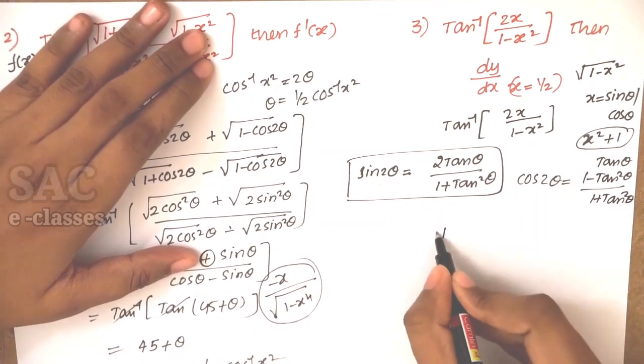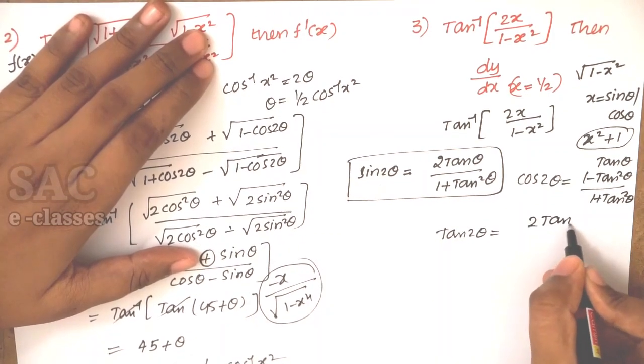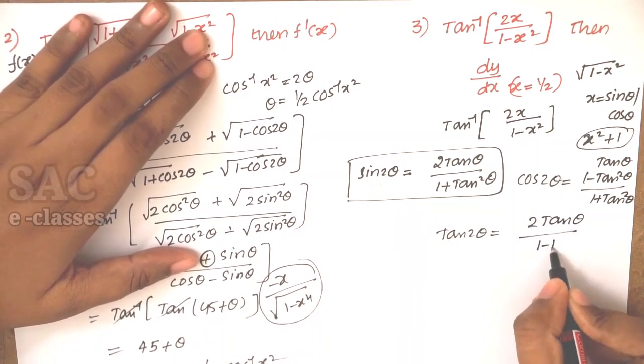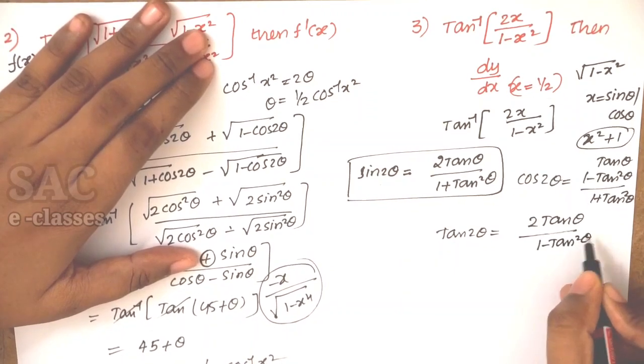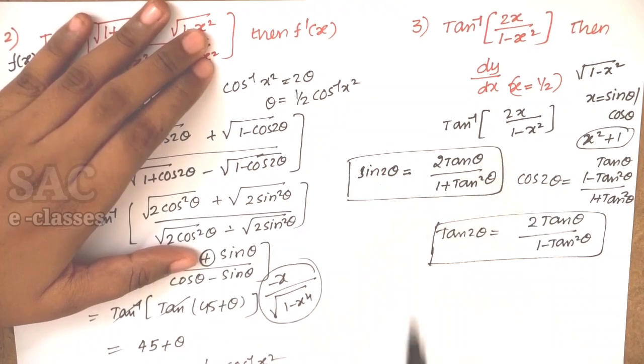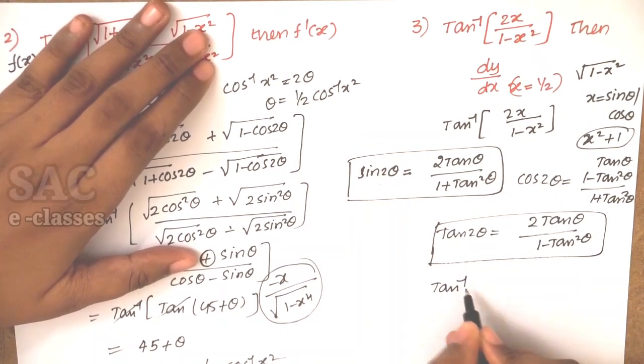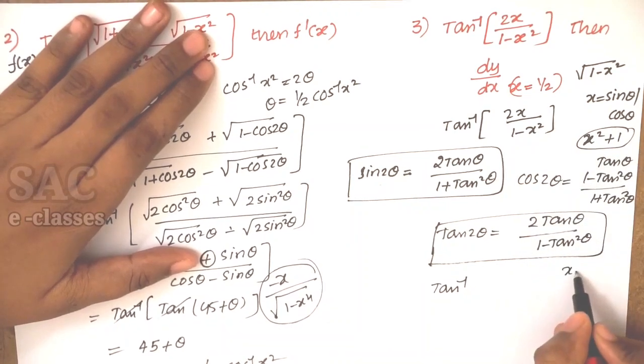And at last, tan 2 theta is equal to 2 tan theta by 1 minus tan square theta. So obviously you have identified now it is in which form? It is in the form of tan 2 theta. So better to take that x is tan theta.